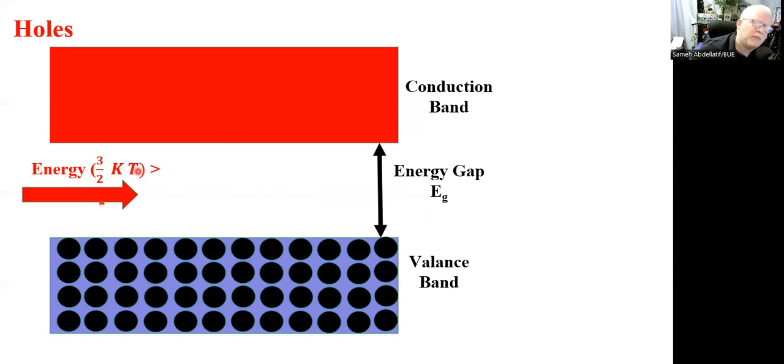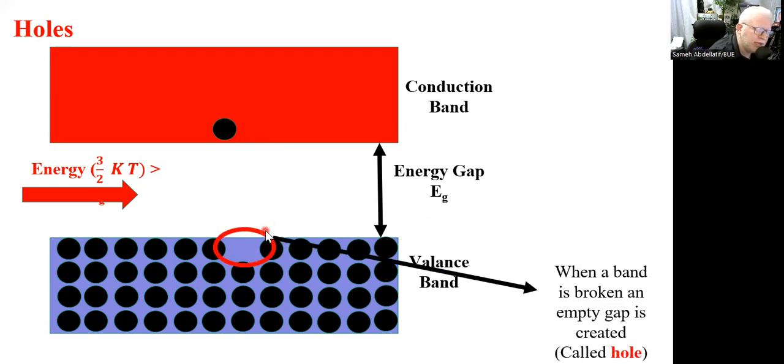Once you reach room temperature, an intrinsic temperature effect starts to appear. And whenever it starts to appear, some electrons, we call it the intrinsic concentration, will jump from the valence band to the conduction band, creating a hole, as you can see here.